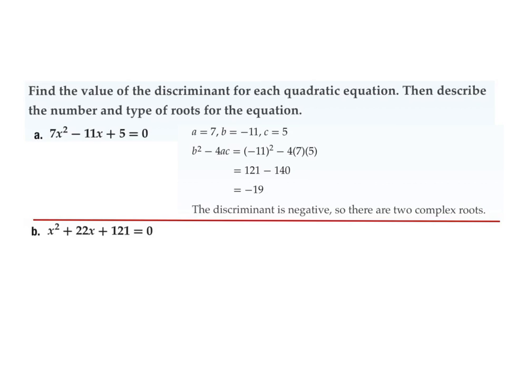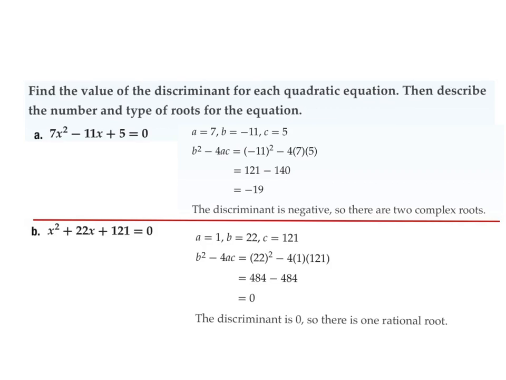Yep, that is 0. Okay? Which means, what do I know about the roots? There's 1 rational root. And think about it this way. Since what's under the radical is 0, the only solution is negative b over 2a.